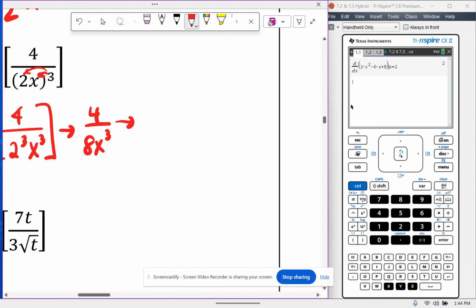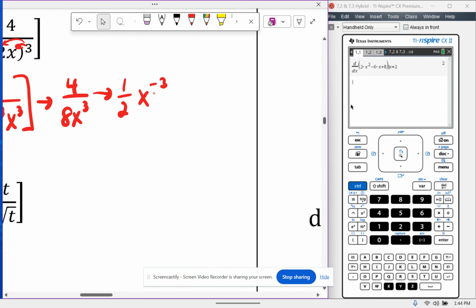What should we do now? Yeah, for sure. What do you think the coefficient should be? 4 over 8 or 1/2 for sure. I just want to work with fewer numbers, right? And then what about the x to the third, but in the denominator? X to the negative third, right? Okay, let's find the derivative.